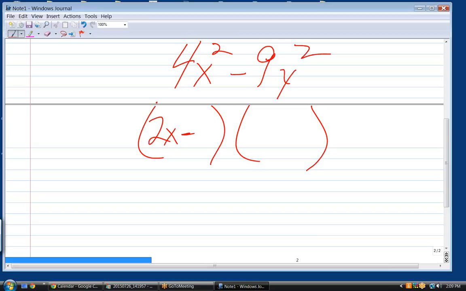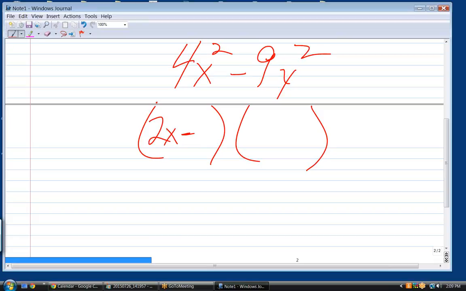Doesn't seem like it should make a difference, but when you get to... Have you covered sum of cubes and difference of cubes before? Some, I don't think much. Well, when you go to memorize those, it's very helpful if the sign on the first term is the same as the sign on the expression.